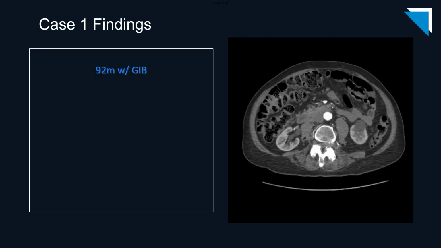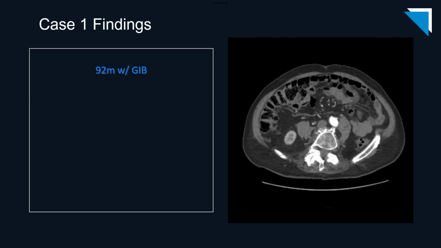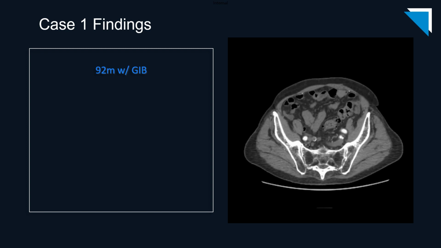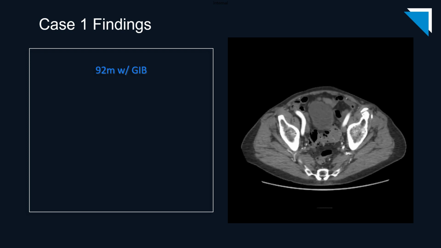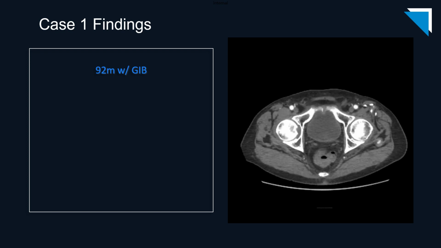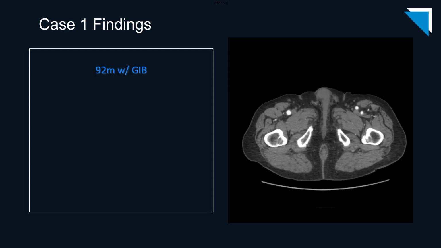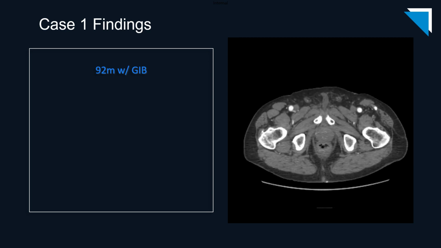Moving on now to the axial images from a CT angiogram of the abdomen and pelvis. Recall the importance of reviewing both the pre- and post-contrast images, including any delayed images if they're available in cases of potential GI bleeding.